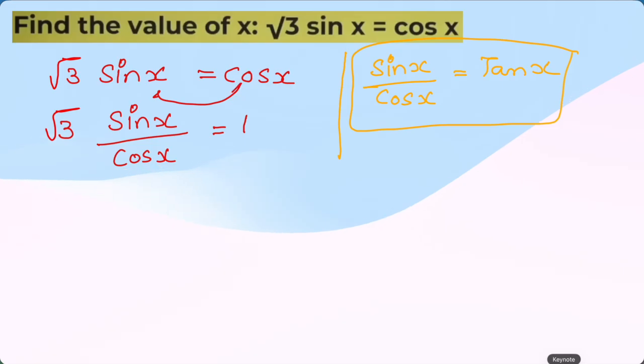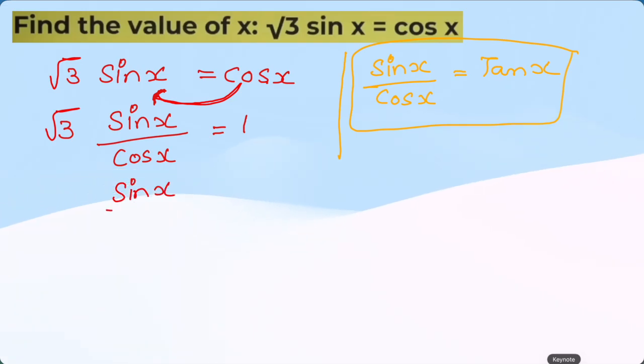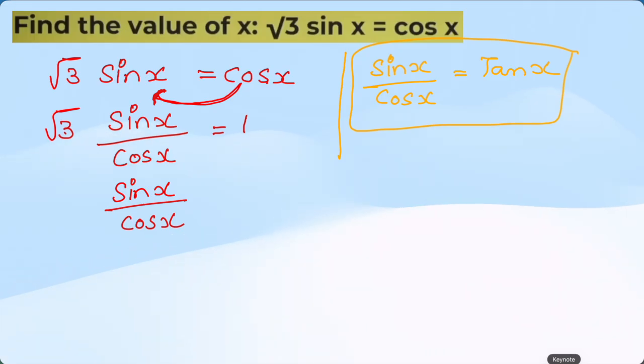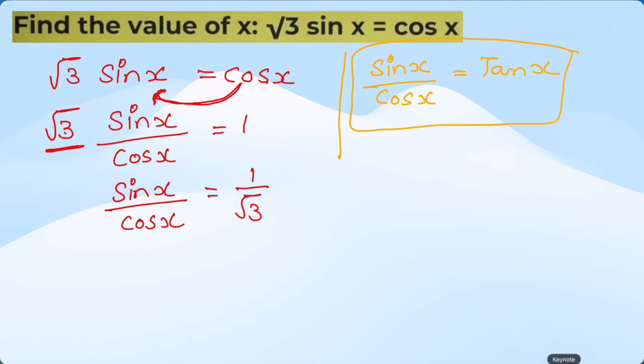If I am shifting cos to the denominator, 1 will be left here, no? Because it was in multiplication. So sin x by cos x, I will shift this root 3 to the other side. It is in multiplication here, so if we shift it to the right hand side, it will come in the division part, right? So it will become 1 by root 3.